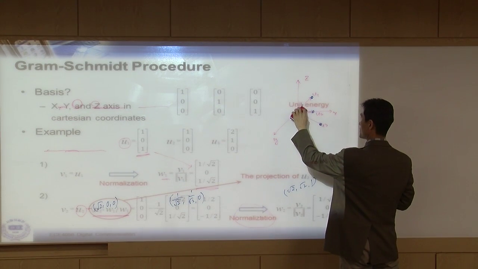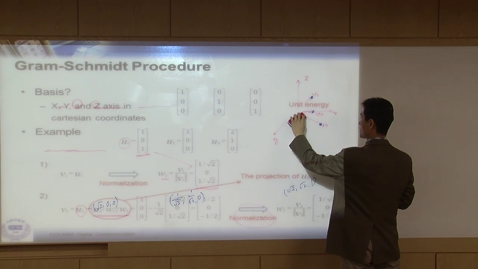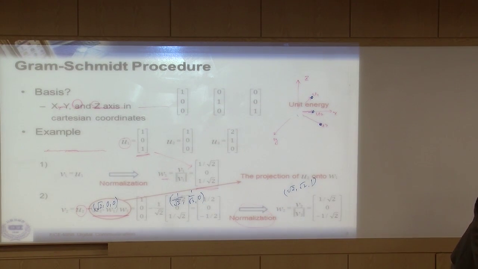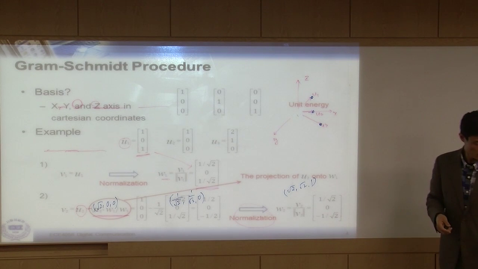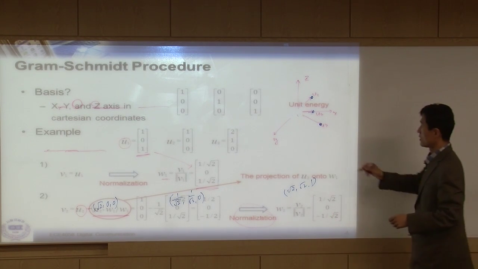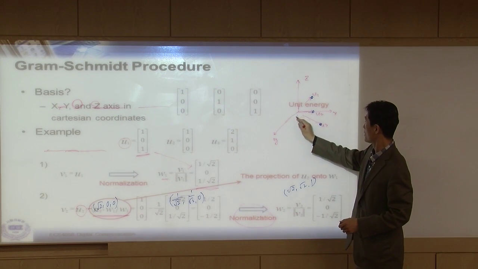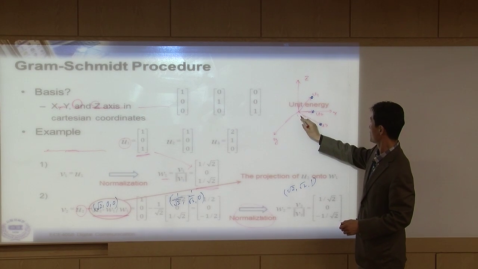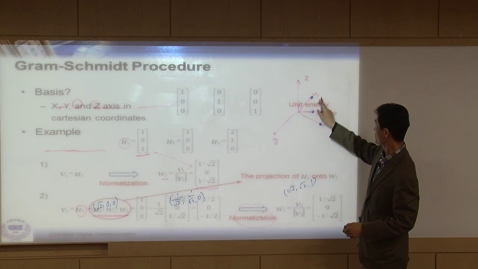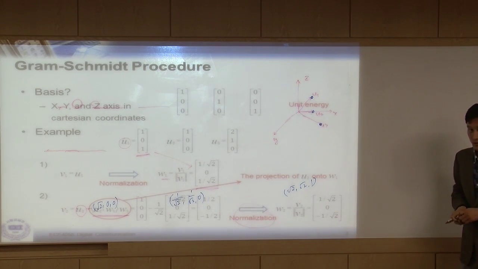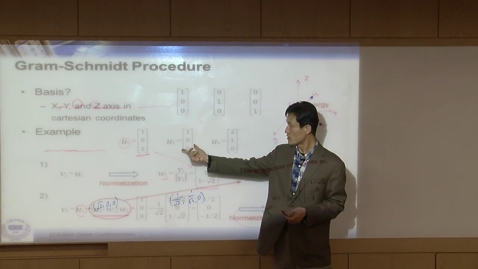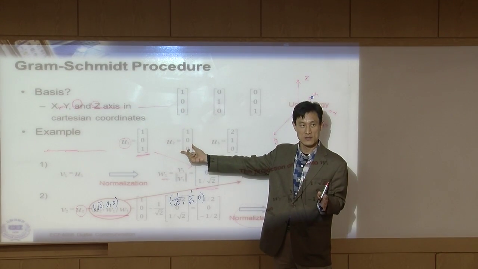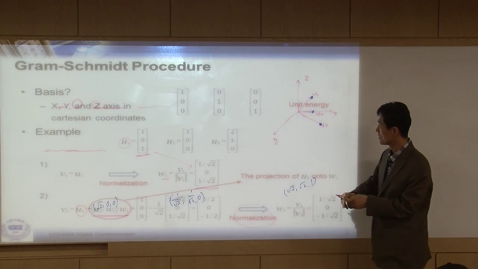Let's think about that. Let's go back to the original picture here. So we have U1, U2, U3. What I want to do is use this one as the first vector, the first vector to start.